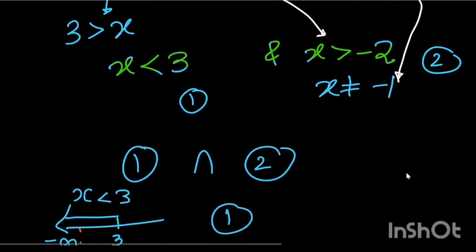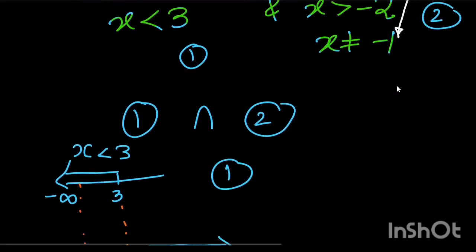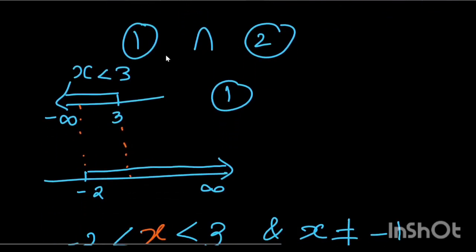We will take the intersection of these, plus x not equal to minus 1 also. First, the intersection of the two inequalities, where the first inequality x less than 3 is plotted here, and the second inequality x greater than minus 2 is plotted here.